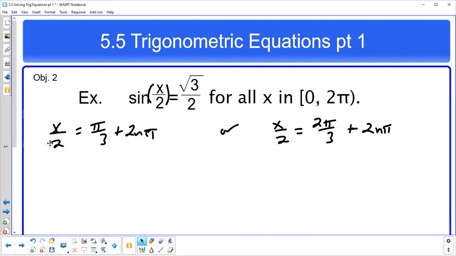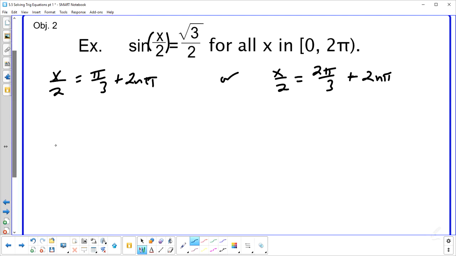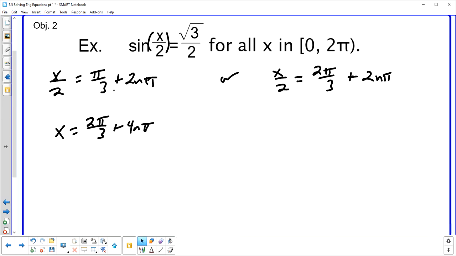Okay, and now we need to continue to solve for x. So I'm going to multiply both sides by 2. I'm going to end up with 2 pi over 3 plus 4n pi, because I multiply both of these terms by 2, and likewise I do the same thing over here, so 4 pi over 3 plus 4n pi.